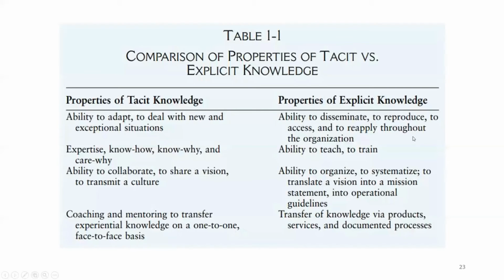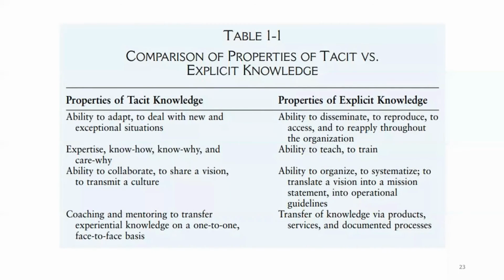Properties of explicit knowledge: it can be disseminated, reproduced, and reapplied, with the ability to teach and train, because we coded the knowledge. And because we coded the knowledge, it is accessible through internet technology, in databases, through the evidence base.